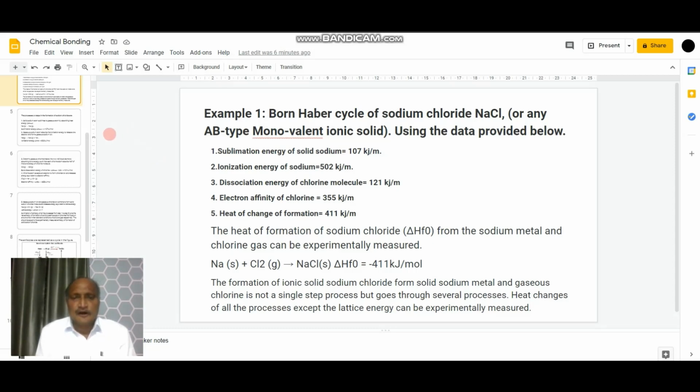So the formation of ionic solid sodium chloride from solid sodium metal and gaseous chlorine is not a single step process, but goes through several processes. The heat changes of all the processes except the lattice energy can be experimentally measured.